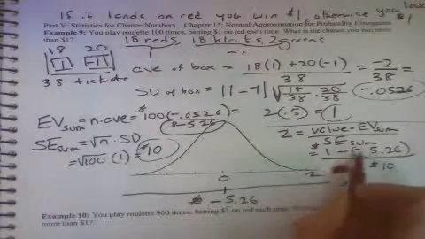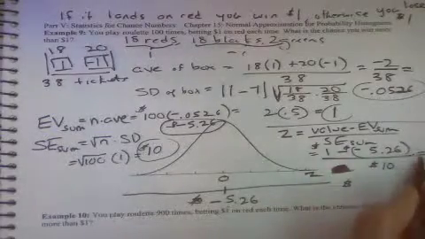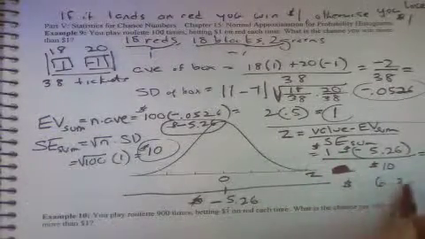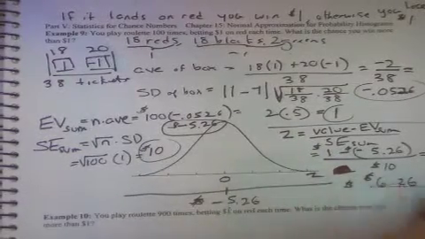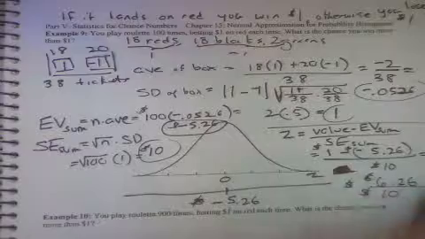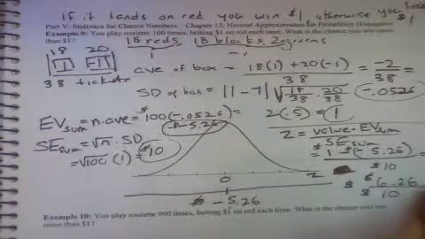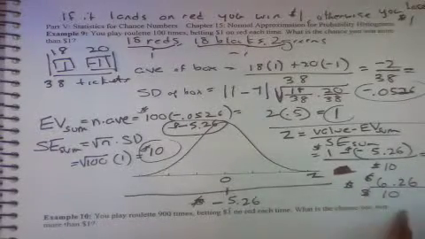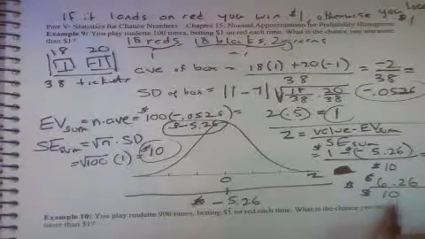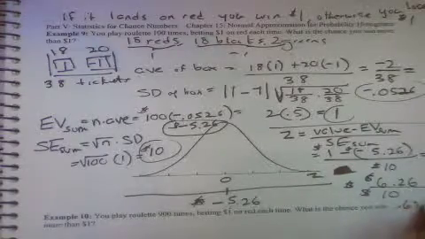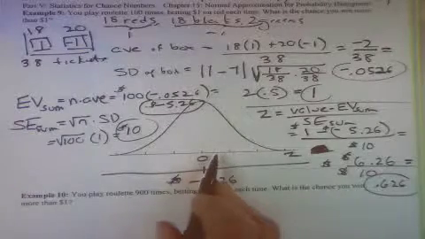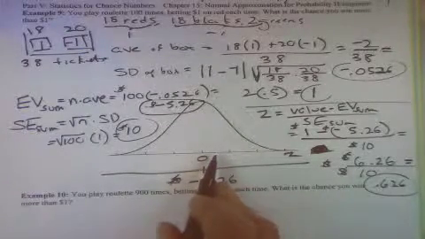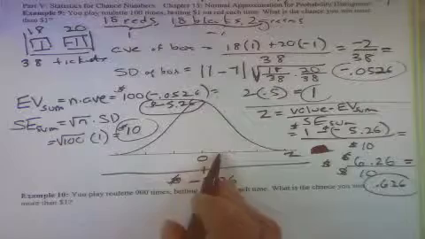So we have $6.26 positive, because we're on this side, divided by $10. So the dollar signs cancel out, and we get a z-score of what? 0.626. That's our z-score. So our chance of winning is not too low.